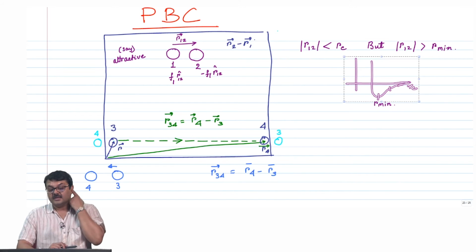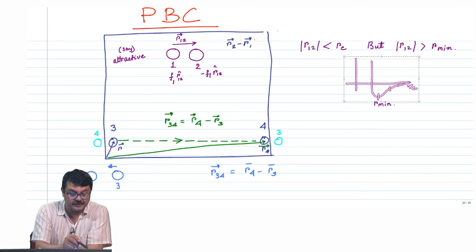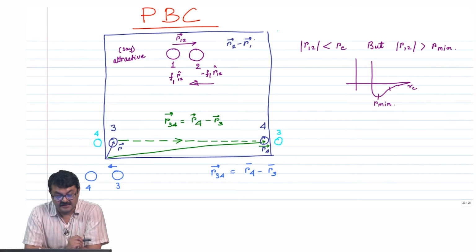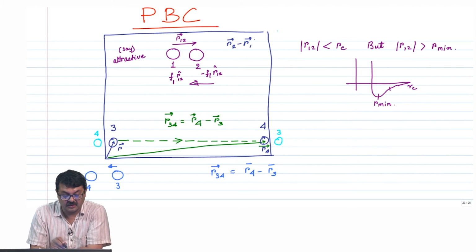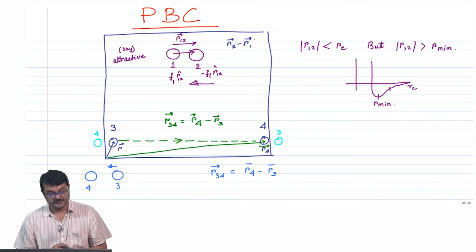So, as a consequence, the force acting on particle number 2 will be basically in this direction. Similarly, the force acting on particle number 1 will be in this direction, in the direction of R 1 2, right.